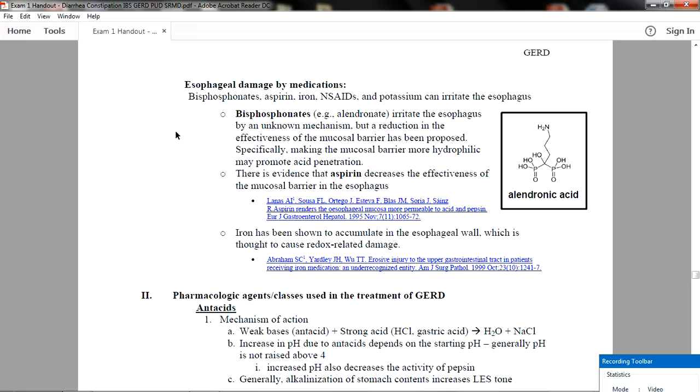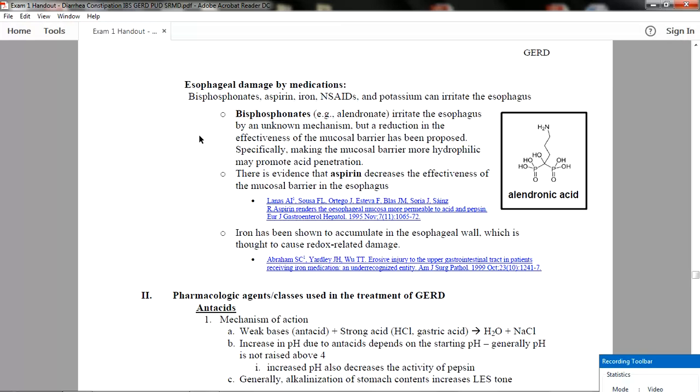Bisphosphonates are for bone osteoporosis, to stimulate bone growth, or actually prevent bone breakdown. Technically, the bisphosphonates like Fosamax or alendronate have a very strong warning that they can really irritate the esophagus, damage it.